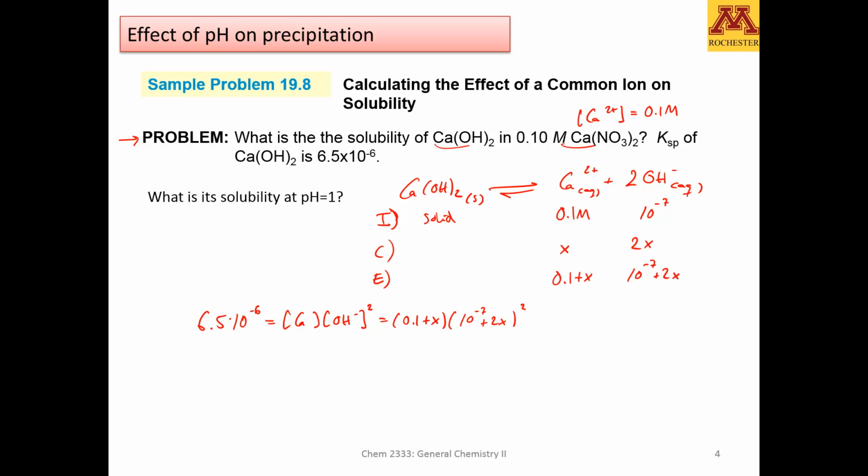Again, this is a cubic equation. If you plug it into Wolfram Alpha, a cubic equation will give you 3 different roots. But you will see that only one of them is positive, so choose the positive root, or the one that makes sense.